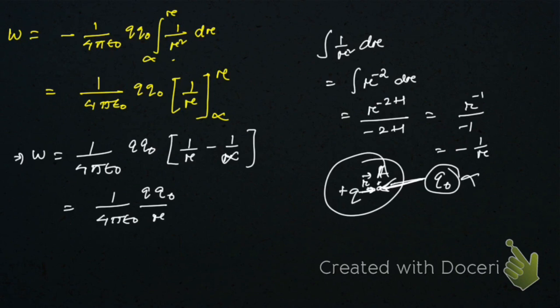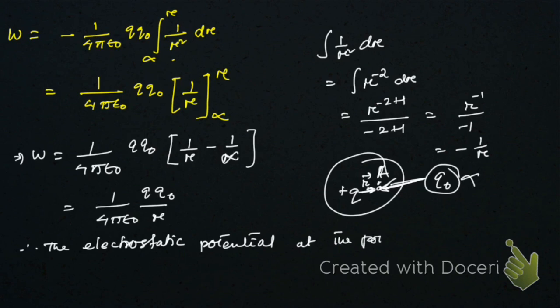Therefore the electrostatic potential at the point A is given by V is equal to W by Q naught.